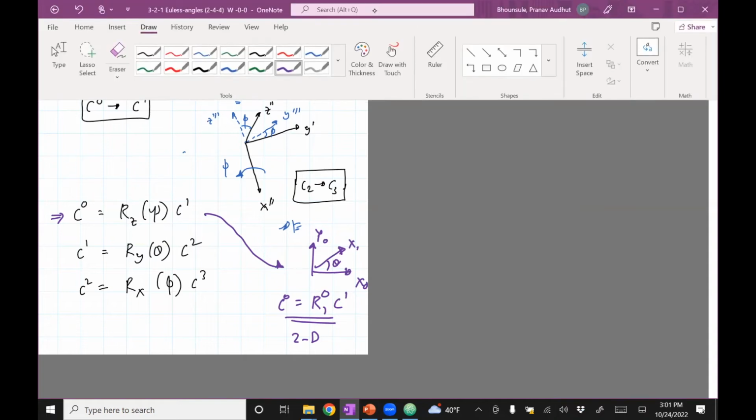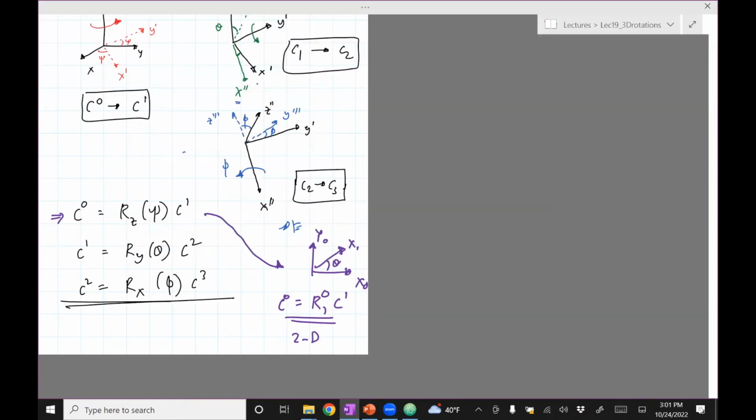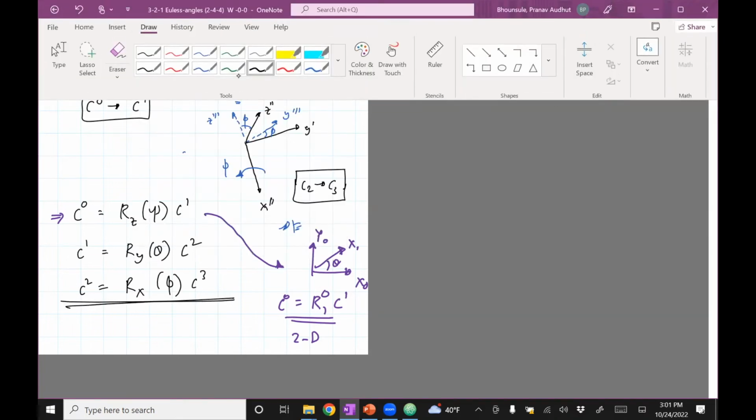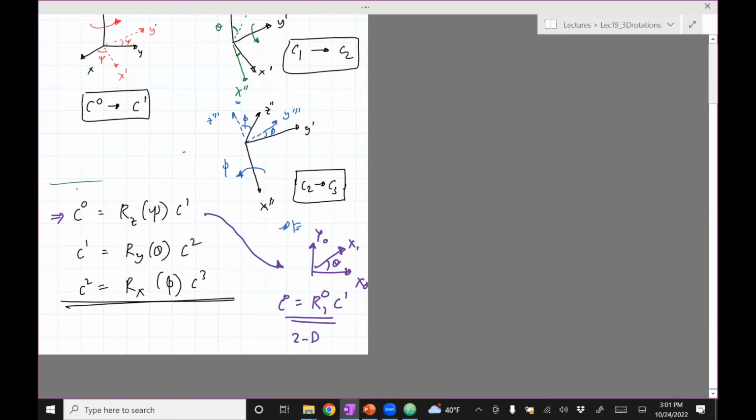And then if I eliminate the intermediate C's, I can write C0 equals RZ, RY, RX, C3.